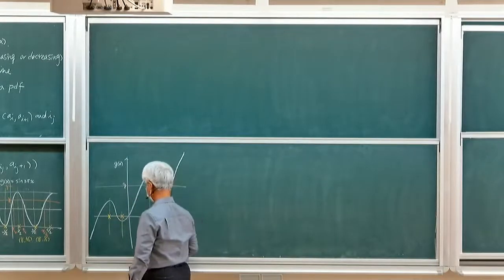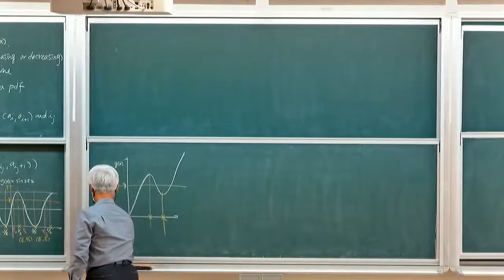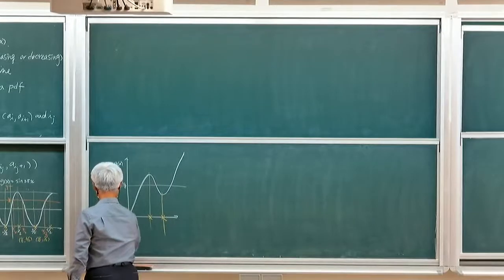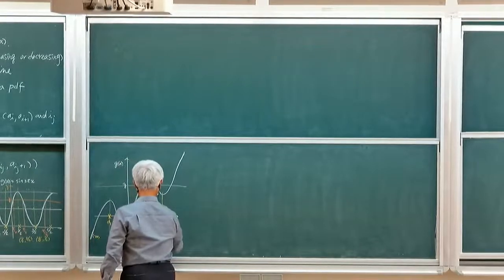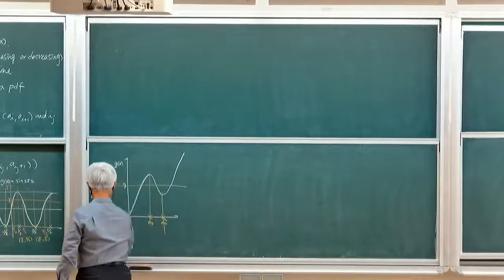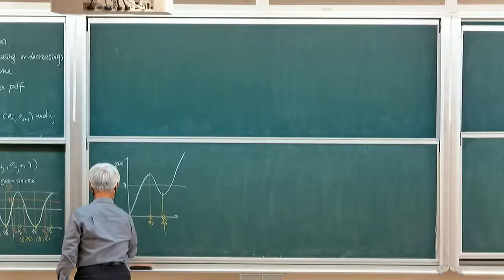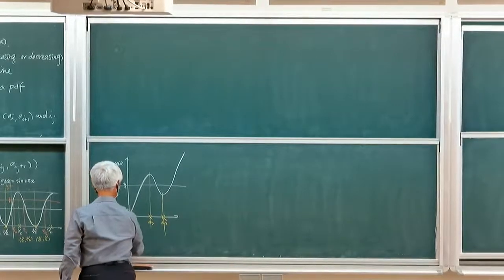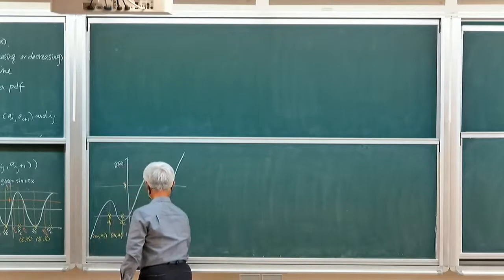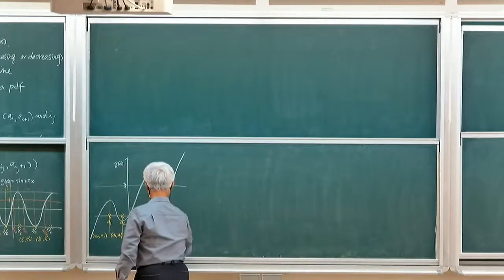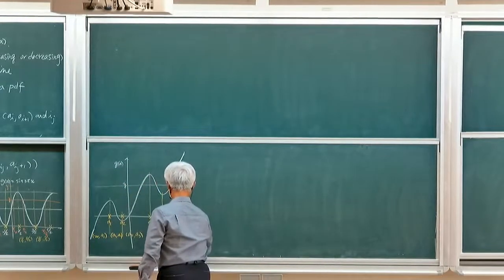So you can see here, this is minus infinity, A1, A2, A3, A4. Up to A1, and here's A1 up to A2, this is A2 up to A3, here is A3 up to A4, and A4 up to infinity.